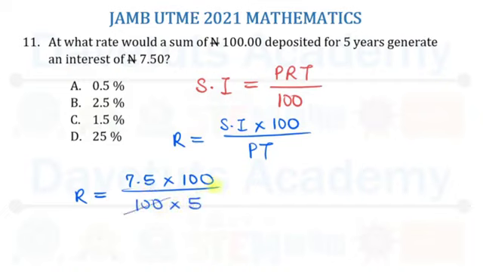Here, 100 can cancel 100. 5 in 7 is 1, remaining 2, 5 in 25 is 5. So we have 1.5, with that decimal place. So what we are asked to find is nothing but 1.5%. Looking at the options, option C reflects that correctly.